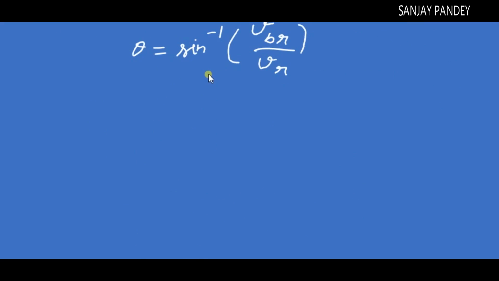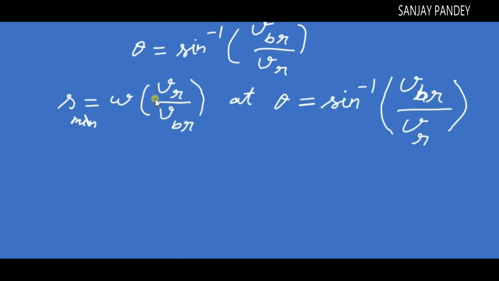Now at this angle we find x minimum and then S minimum, which comes out to be S minimum is equal to W Vr upon Vbr at theta equal to sin inverse Vbr upon Vr.